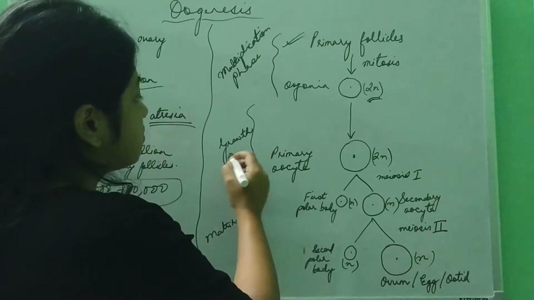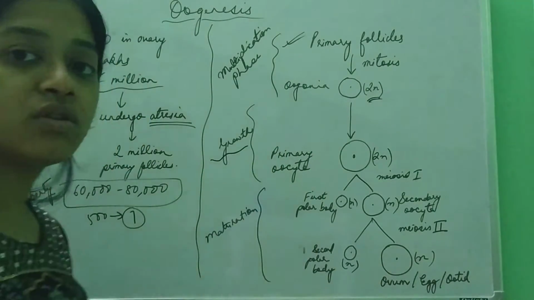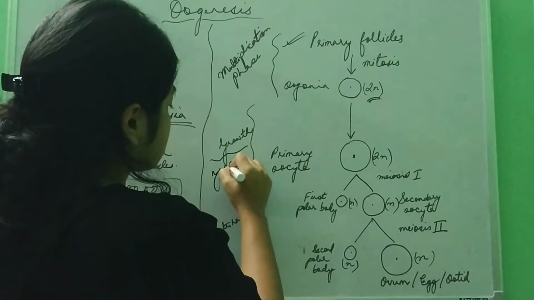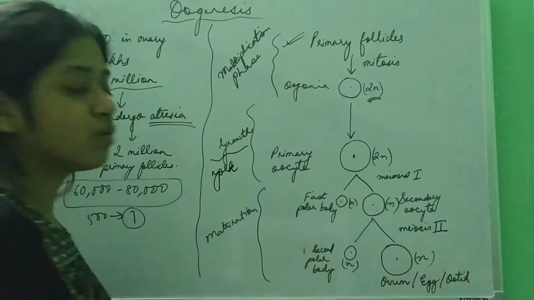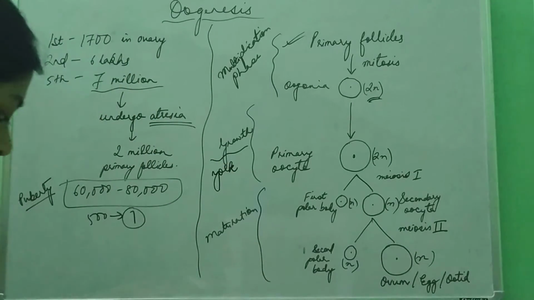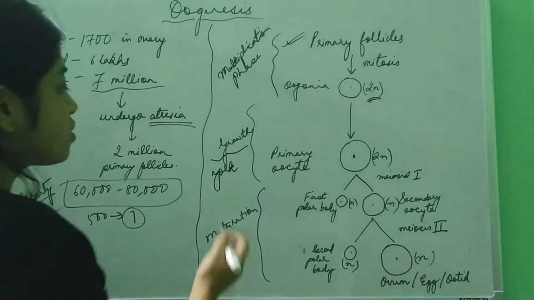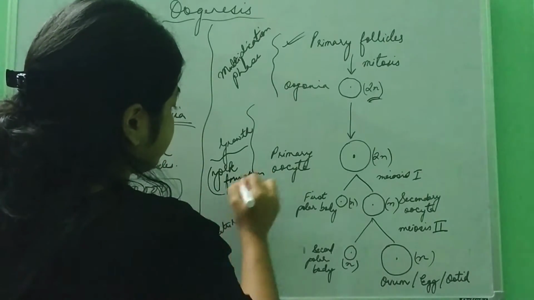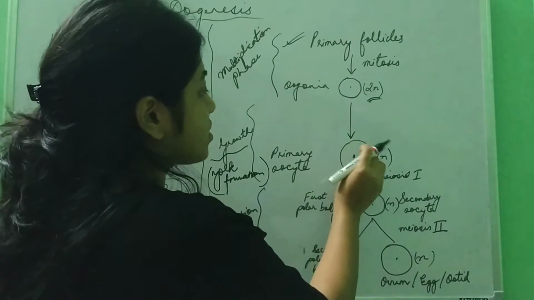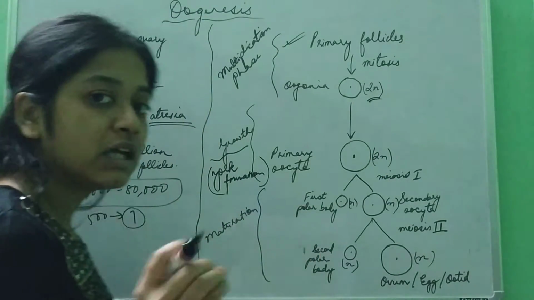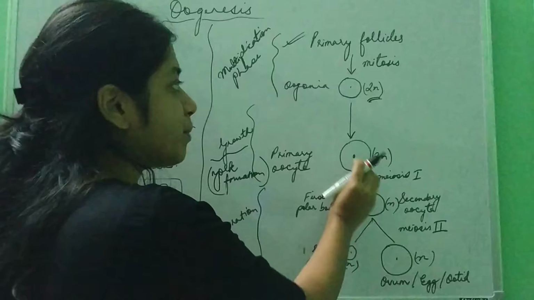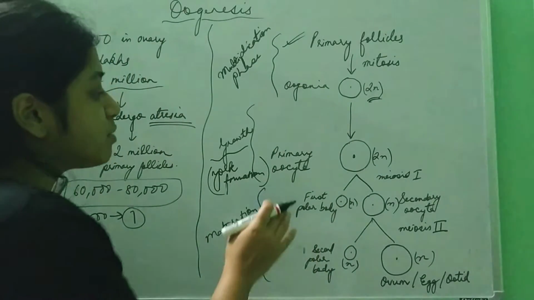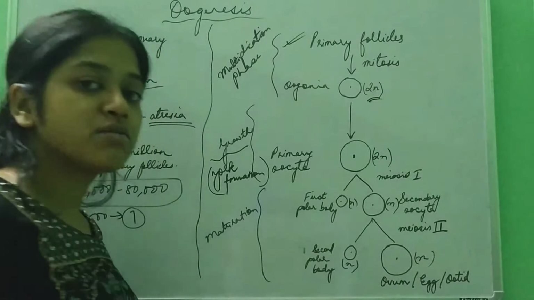Growth here means accumulation of yolk occurs, which is known as vitellogenesis. In humans there will be very little yolk, but yolk formation occurs, so the oogonia grows to the primary oocyte. After the primary oocyte, the maturation phase will come.